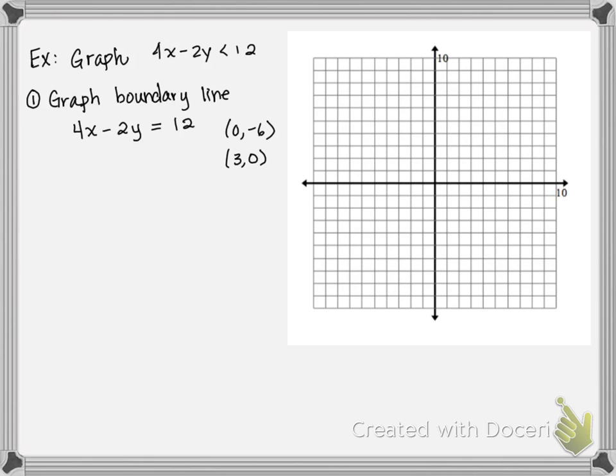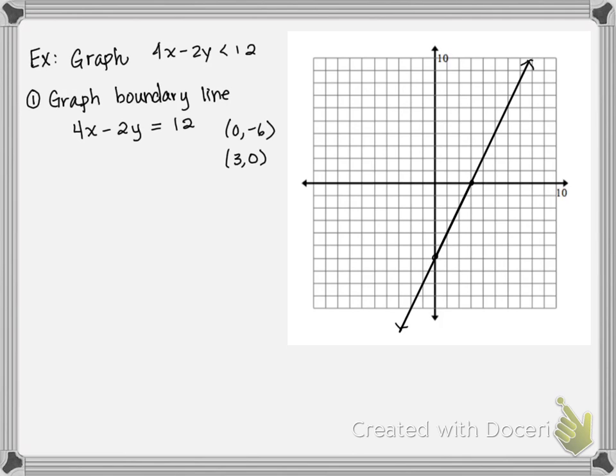So we have 3, 0 here, and then 0, -6 is right here. So here's my boundary line. And then we need to determine if we're including the points that are on that line or if we're not including the points on that line.